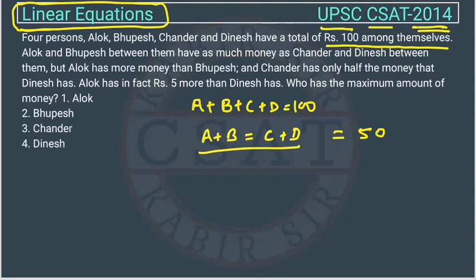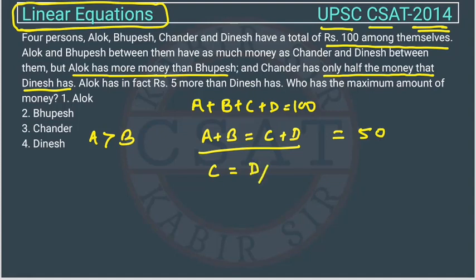Now, Alok has more money than Bhupesh. So one more condition they have given is that Alok has more money than Bhupesh. Chandar has only half the money that Dinesh has. So the amount of money Chandar has is equal to half of Dinesh.